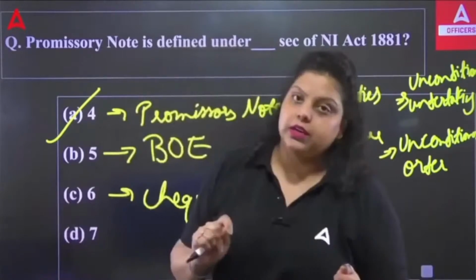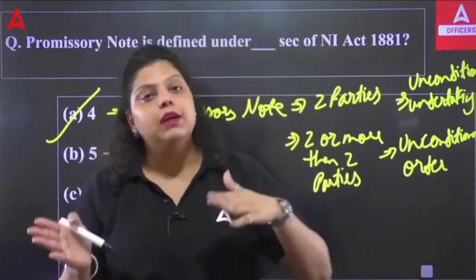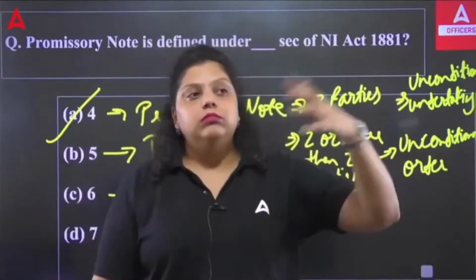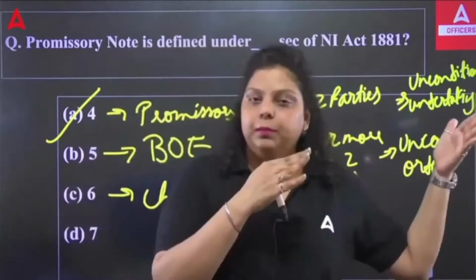Now, what does this unconditional undertaking mean? It means no matter what, if you have promised you are going to make payment on 13th of August, you have to make it possible. You can't add any condition like, I will be giving you your payment on 30th of August if and only if my loan is approved by the bank, or my further trade payment has been received.